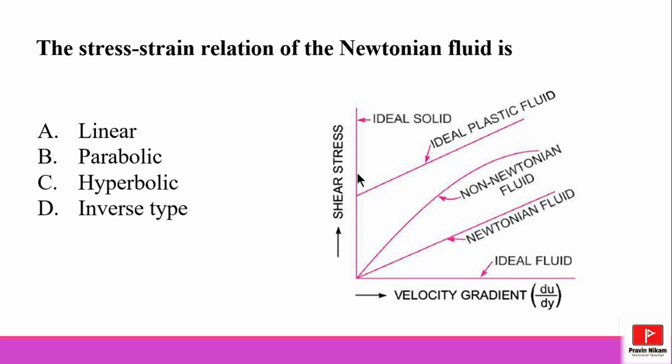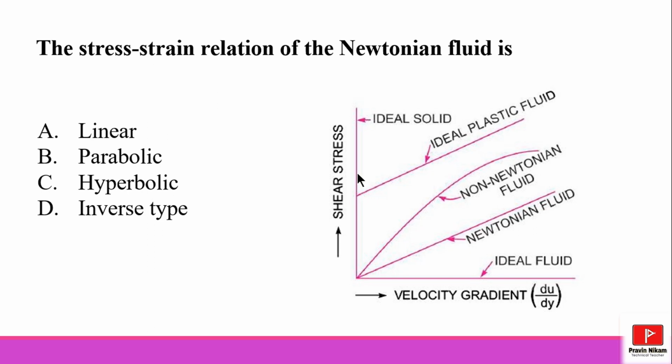For a Newtonian fluid, we know Newton's law of viscosity. The fluid which obeys Newton's law of viscosity is called Newtonian fluid. And we know for Newtonian fluid, shear stress is directly proportional to rate of shear strain or velocity gradient. That means the relation between shear stress and strain is linear.